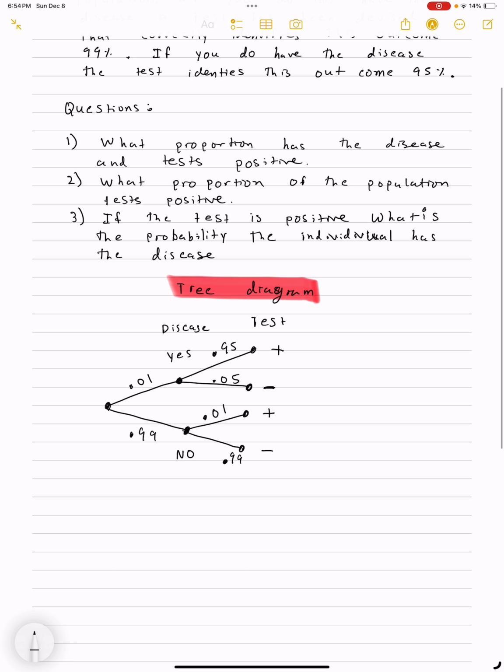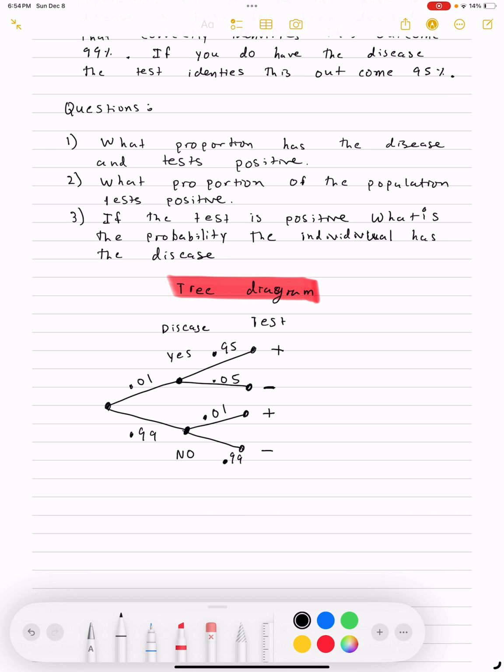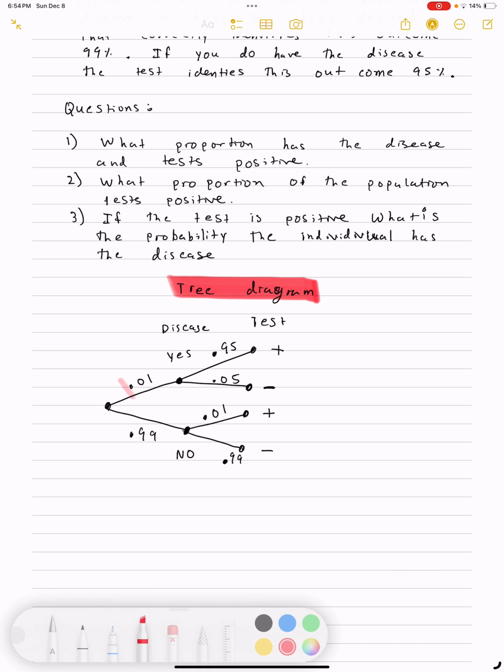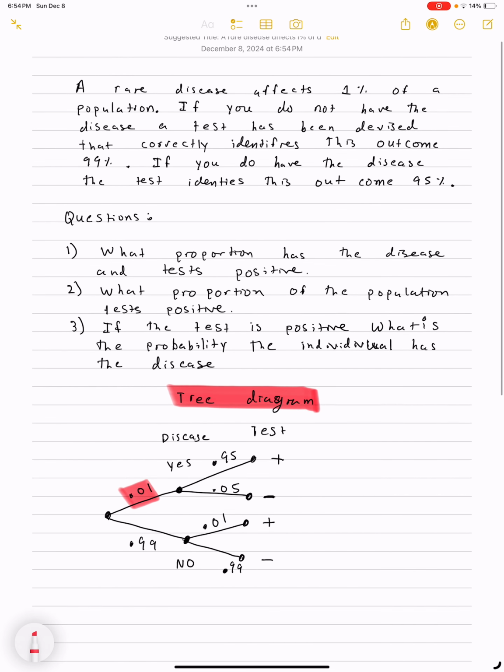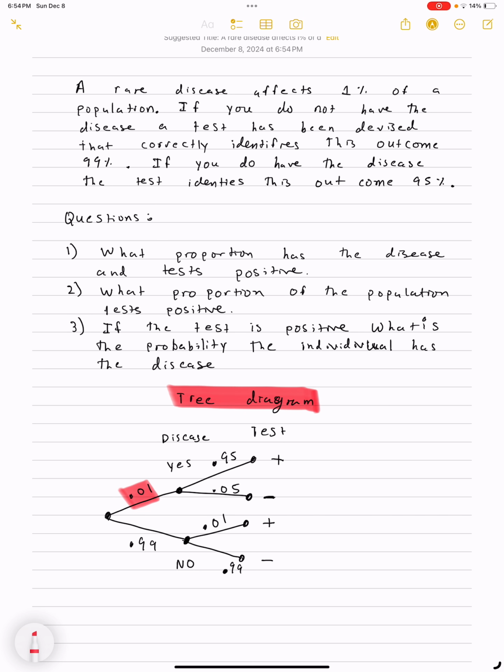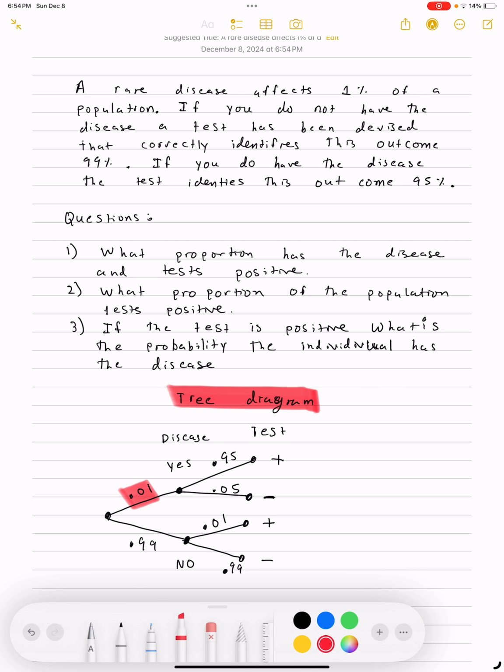Okay. Now, one thing that I'd like to point out is a lot of people have trouble identifying all the probabilities here. What was given was, for instance, this 1% that has the disease. Well, that was given in the very first sentence, and you had to infer that 99% did not have it via the complement rule.